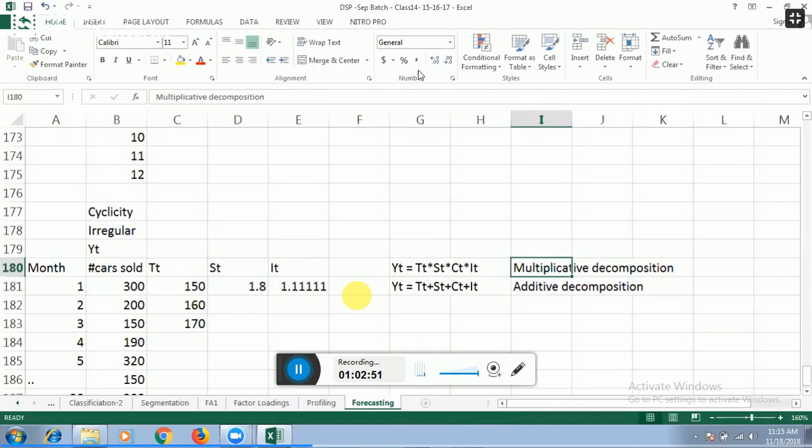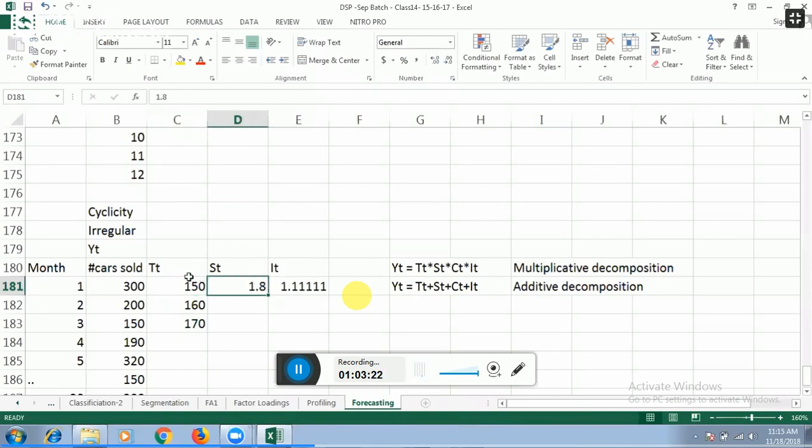Chandra, can you please repeat the last thing you did? I'm saying that if I want to split this, there is a component which I'm getting from the trend. Ideally we're supposed to get a sale of 150 based on the trend, but in January I'm seeing high sales. So how much that is contributing in a January month, this much contribution you are getting.